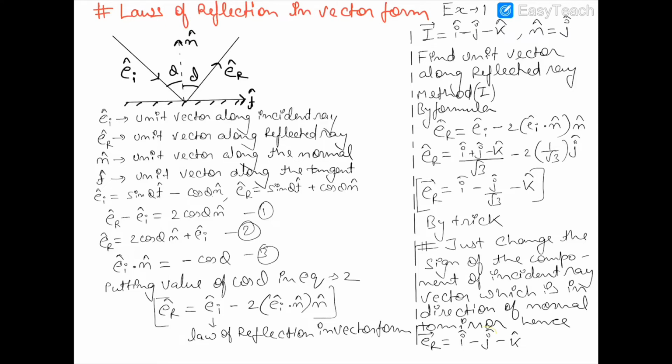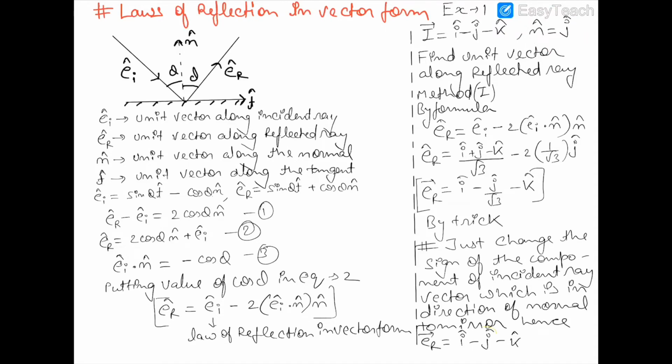This one. Okay, so this ray is going in downward direction, and there is a mirror which is placed in XZ plane. Why am I saying so? Because a plane mirror which is placed in XZ plane will have a normal in the direction of the y-axis, j cap.